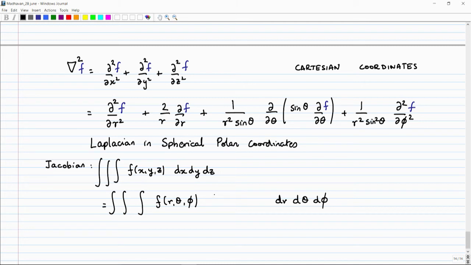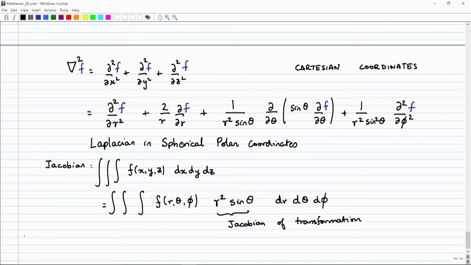So the quantity that appears here is r² sin θ. This is the Jacobian of transformation. Now, this integral will be replaced by this.